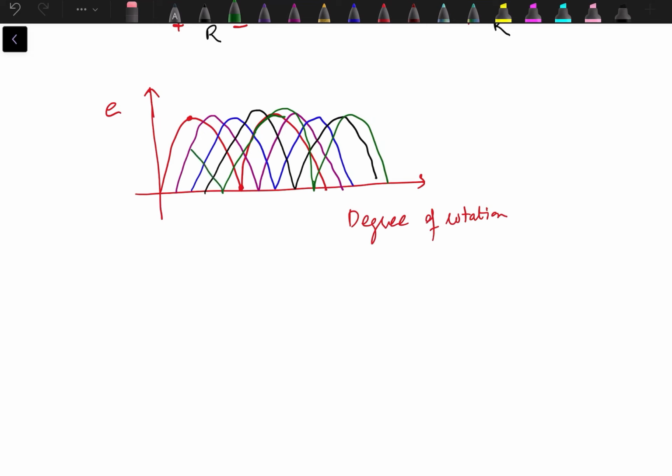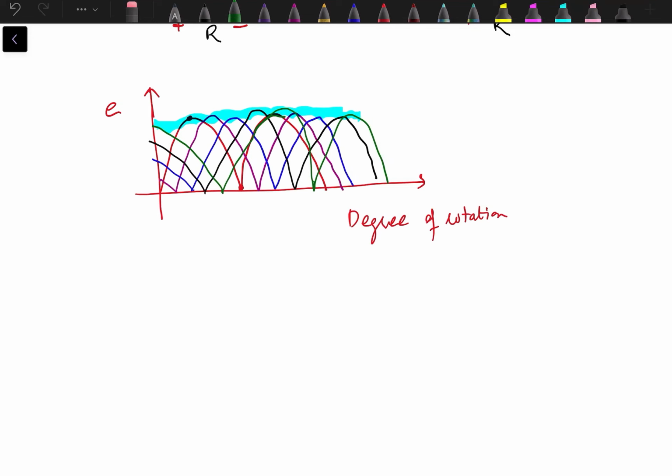And obviously it will be in this direction as well. So the resultant which we get over here is almost constant. It's almost constant. So this is how we get a constant output across the DC generator.